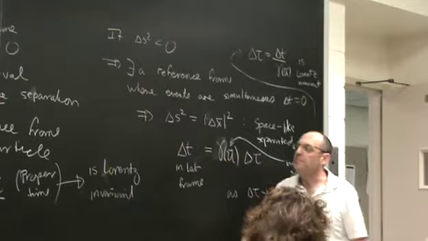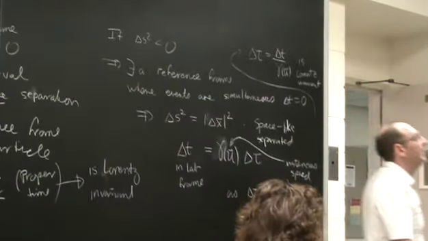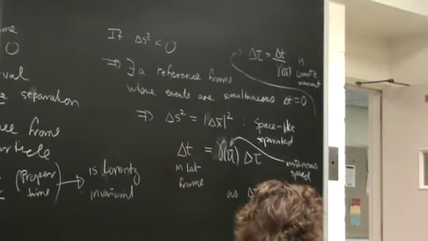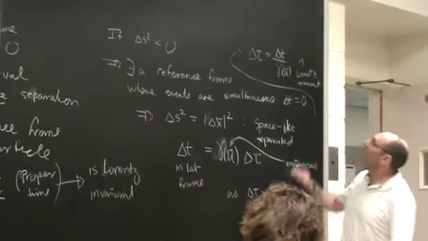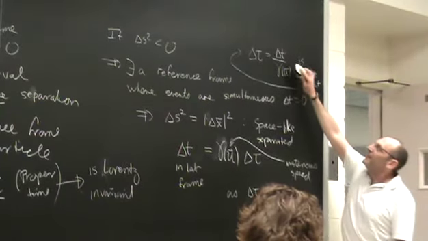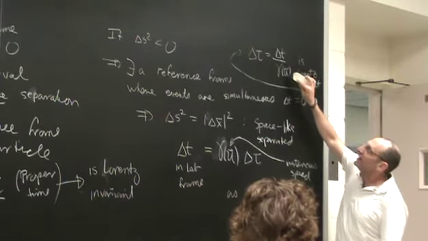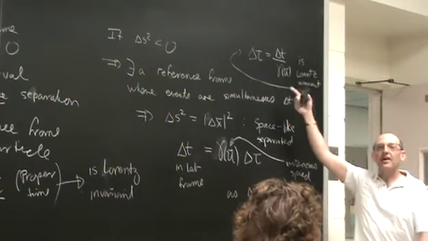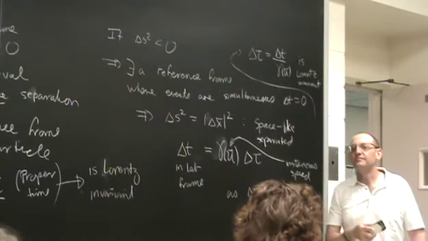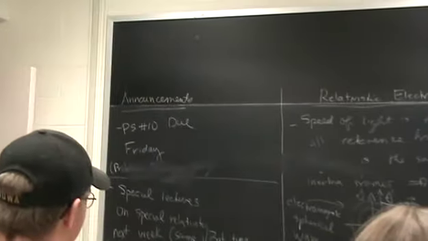Because the proper time is just proportional to that Lorentz invariant interval. You can check that. What you need to do is, you go to a different reference frame, change delta t, then of course you have to change u according to the velocity addition rule, plug it in, and it works. All right.